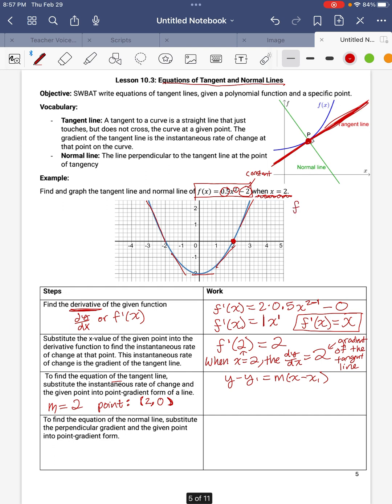So the problem gave me the function f of x equals 0.5 x squared minus 2. So I could have plugged in 2 for x. So I'd have f of 2 equals 0.5 times 2 squared minus 2. If I put the right side of this equation in the calculator, I would get 0.